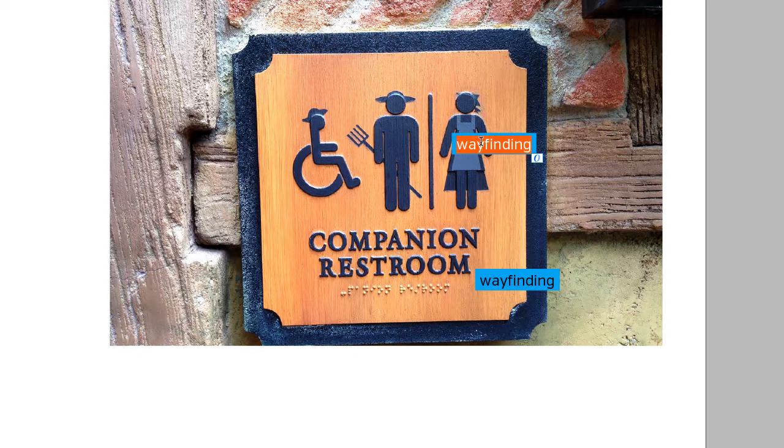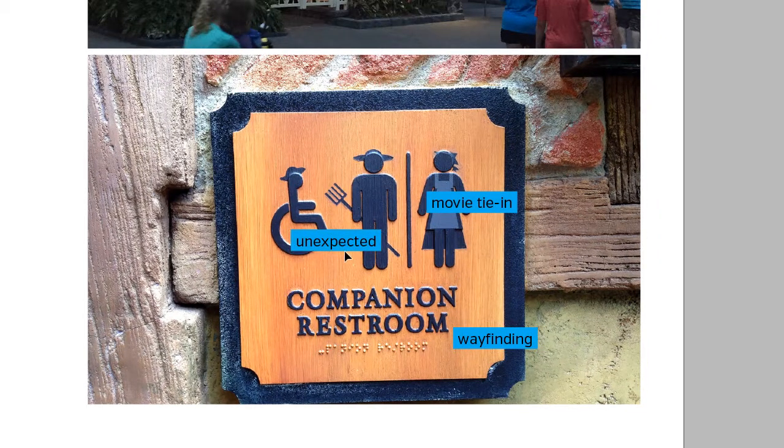This might be movie tie-in. Notice I'm using a code I had before. And this one is maybe unexpected. This doesn't necessarily pull me into the environment or pull me into the story, because they've just taken the symbols that are bathroom signs and added to them.